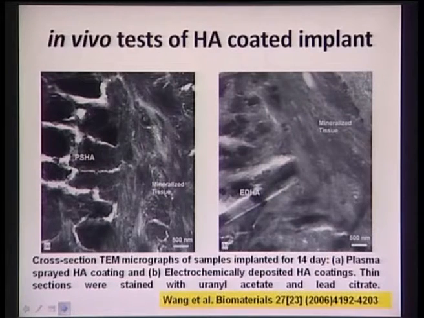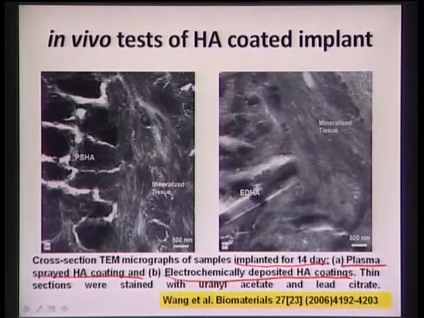Okay, these are transmission electron micrographs, and they essentially tell you what happens after implantation for 14 days. So here 2 materials were investigated. One is a plasma sprayed hydroxyapatite coating, and the other is an electrochemically deposited hydroxyapatite coating. The plasma sprayed coating is this one, and the electrochemically deposited is this one.